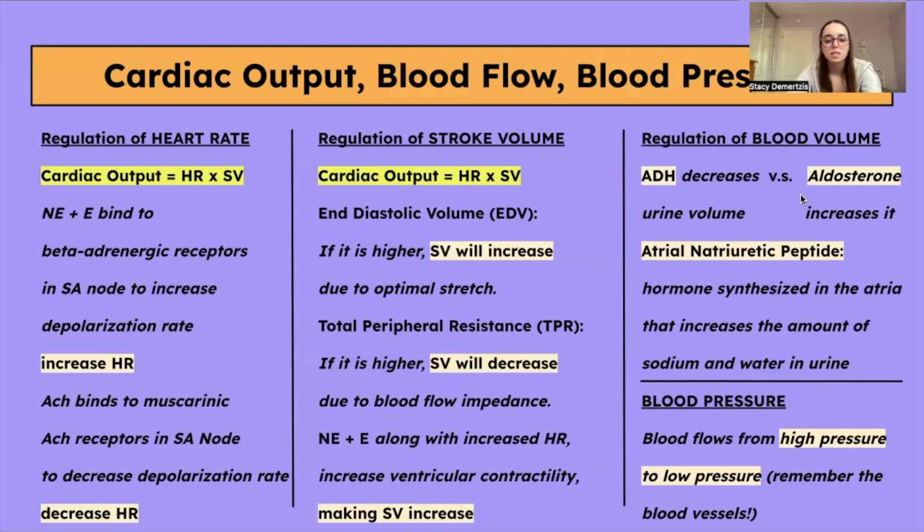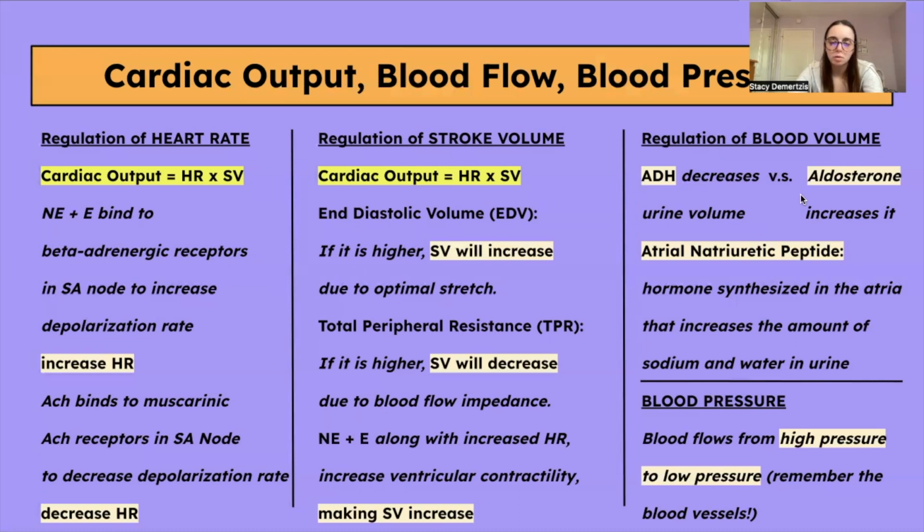If we think about instances where we have total peripheral resistance, if that peripheral resistance is higher, then stroke volume is going to decrease a bit, because with this resistance, your blood flow is kind of impeded. And so we see that a little bit.